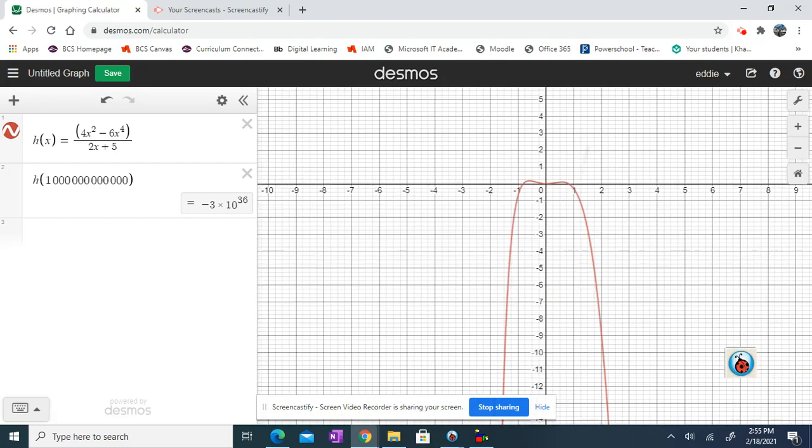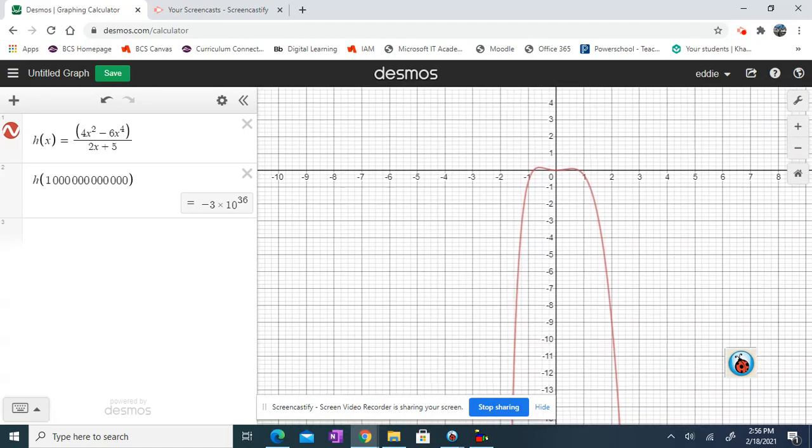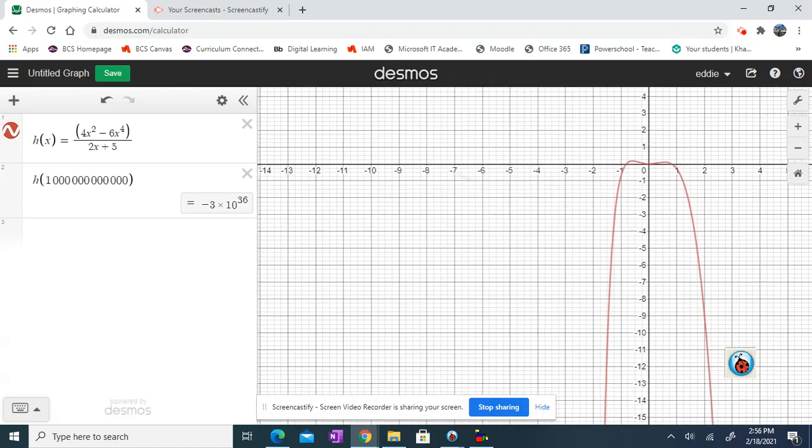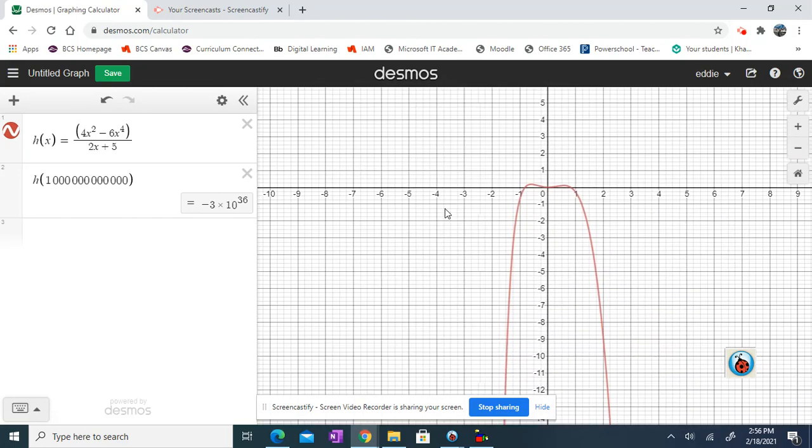We can scroll up here. See, it looks like it just keeps going down forever, but it's possible that we're not seeing all of the graph here. So you want to basically plug in a number, right? So here you see I've plugged in like, I don't know, what is that? 1,000, million, billion. That's a billion, right? And we definitely have a negative number.